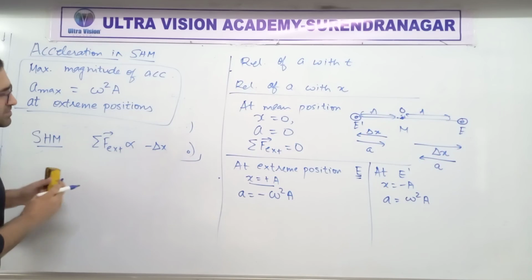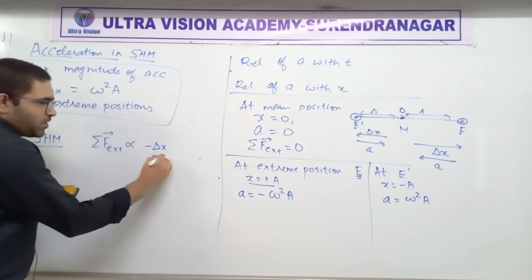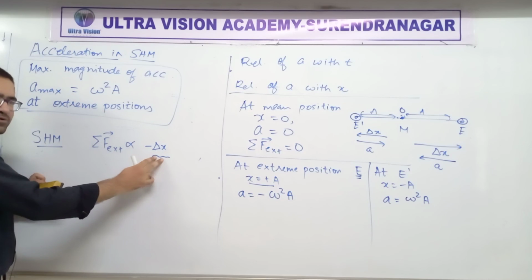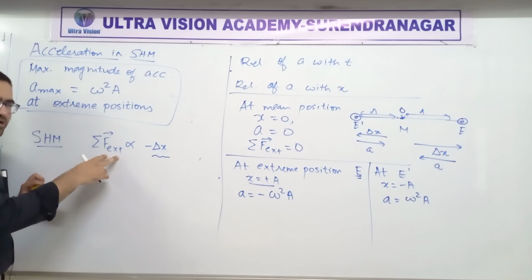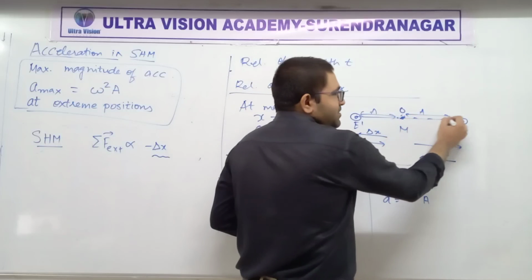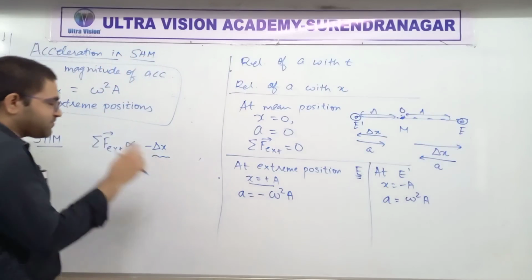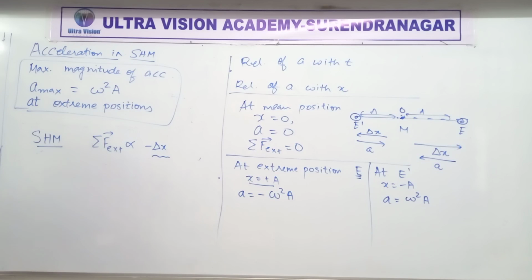Do you remember at start we talked about this? Simple harmonic motion is characterized by that. So what that means is the more the displacement, the more the total force. Clear? And obviously the more the total force, the more the acceleration. So when this goes far, there the acceleration will be maximum because total force will also be maximum. Understood?